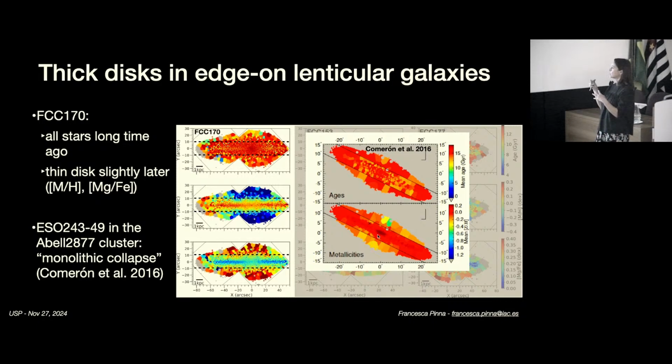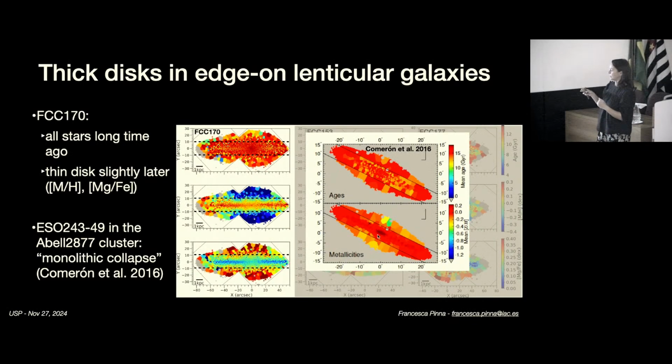So they also found a galaxy which is overall very old, and a thick disk which is much more metal poor than the thin disk. Unfortunately, they didn't fit magnesium over iron, and they didn't fit the star formation histories, so we cannot fully compare the results. But they proposed a formation all at once of the thin and the thick disk together at very early times.